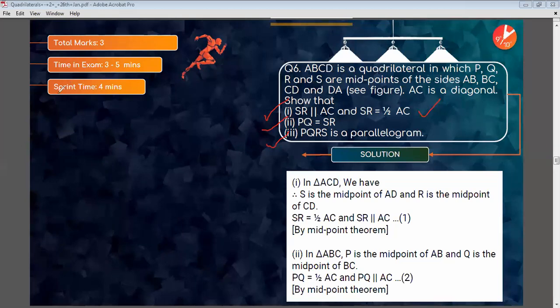Draw the diagram, show the diagram on your camera.